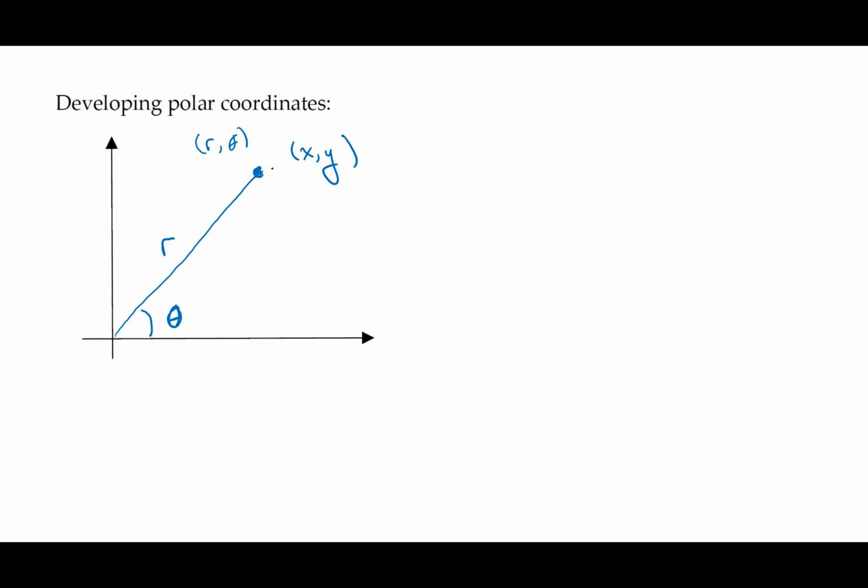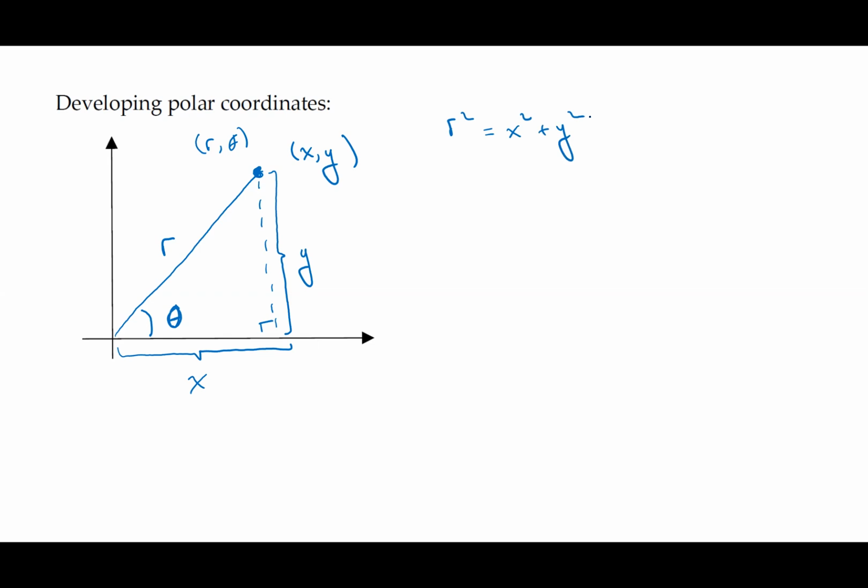Well, how do we translate between the two systems? Let's think about this for a second. I've got a y coordinate, I've got an x coordinate. Now, it seems to me that I can use some right triangle trigonometry here. In fact, r squared is x squared plus y squared.